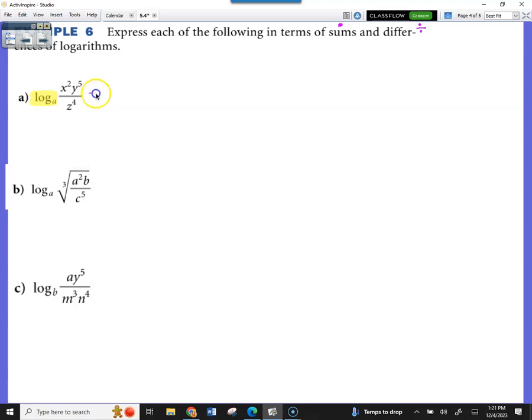So copy your log base A. Remember that was your little stamp. Got to be at the beginning of every one of them. What's on top? Okay, and that's a lot of stuff. So what would be smart to put there? Parentheses.